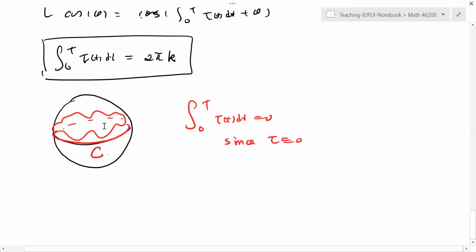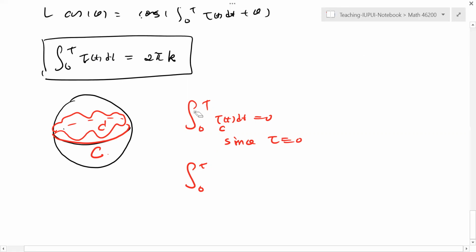Okay, C prime. If you just disturb C a little bit, then the total torsion continuously depends on the deformation. But on the other hand, it must be an integer times 2 pi. So the integer is a continuous function, so the integer must be a constant. So you have this for C, and that's for C prime.